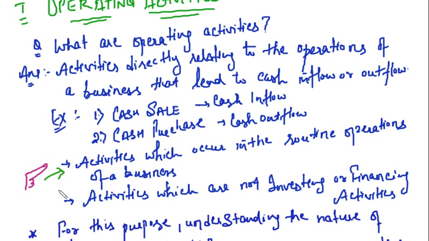Only then it will be recorded. If there is neither a cash inflow nor a cash outflow, then what is the point of including it in the cash flow statement? Because we are preparing the cash flow statement to identify the cash inflow or the cash outflow, right? If an activity is not resulting in cash inflow or cash outflow, then there is no point in including it in cash flow statements. Clear?